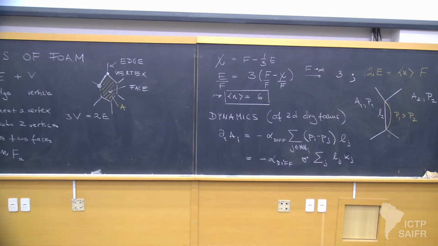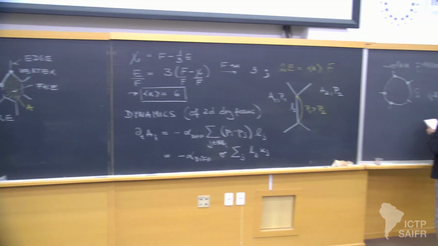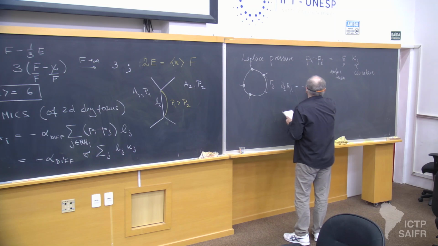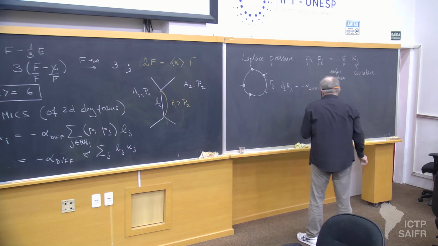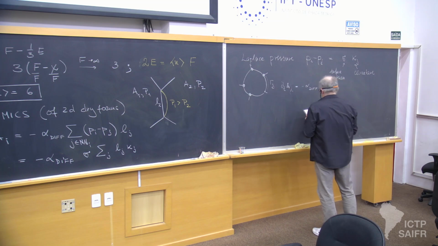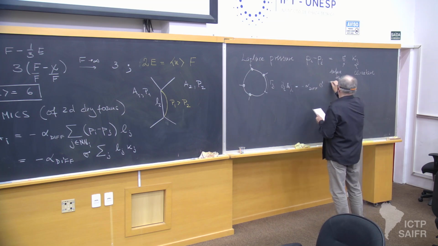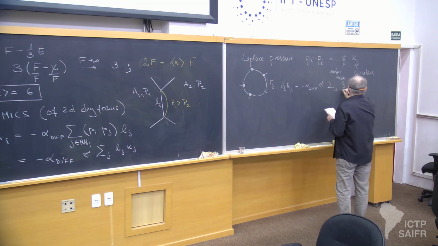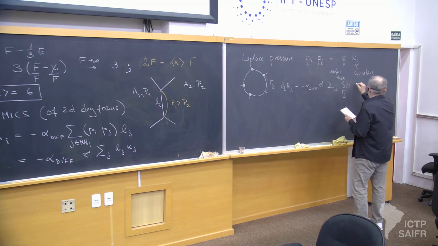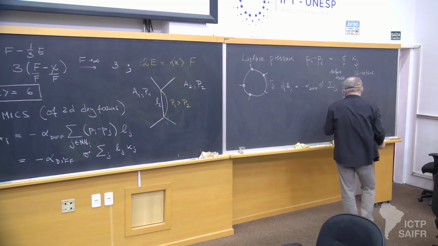So dAi/dt is the same as minus the permeability coefficient alpha, the surface tension sigma, the sum over all j, the line integrals over these curves, ds, and then the curvature kappa j.